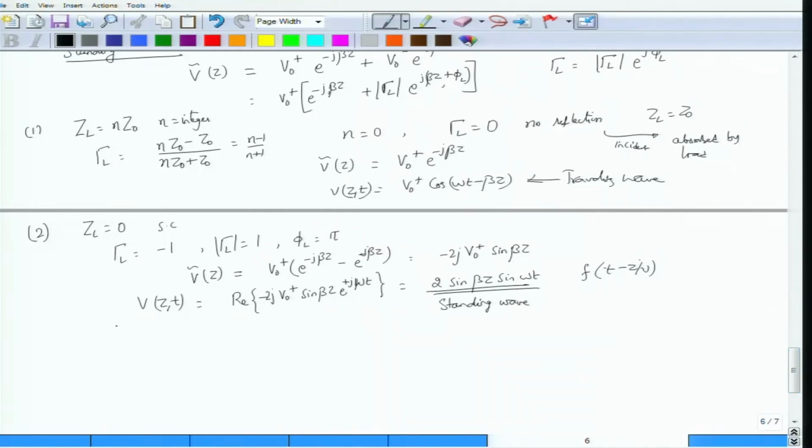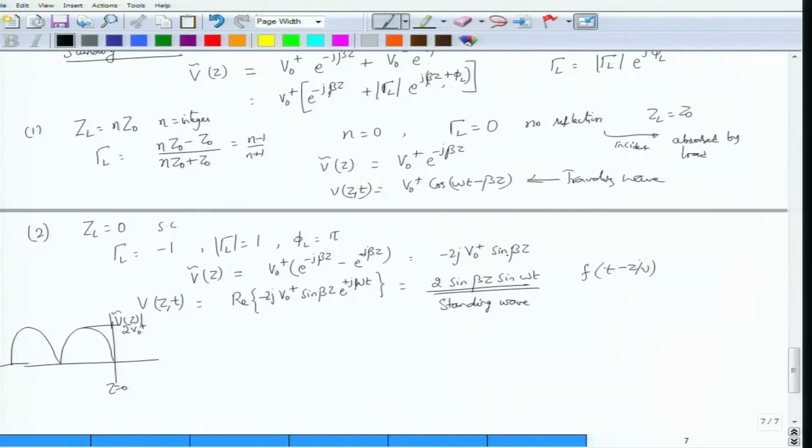If you plot the magnitude of the voltage phasor for this particular case, z equal to 0 is where the load is, and at that load point sin beta z will be equal to 0, and thereafter it will go as magnitude of sin beta z, with a maximum amplitude of 2 V0 plus, as you can see from this expression.